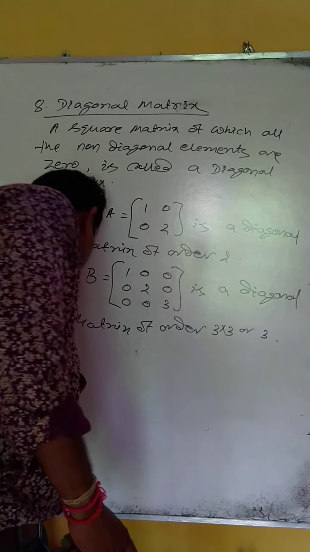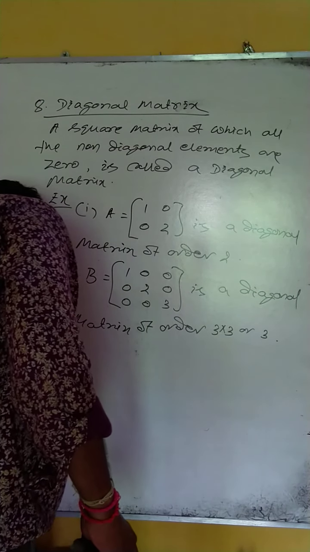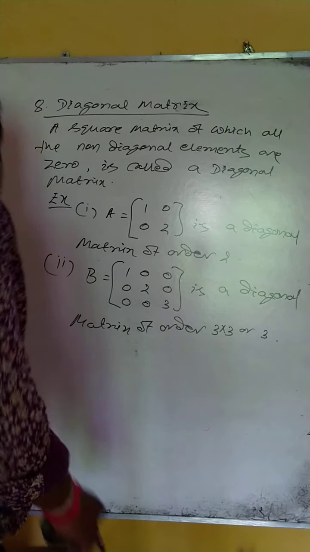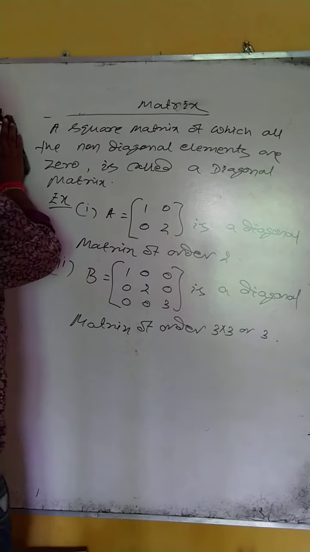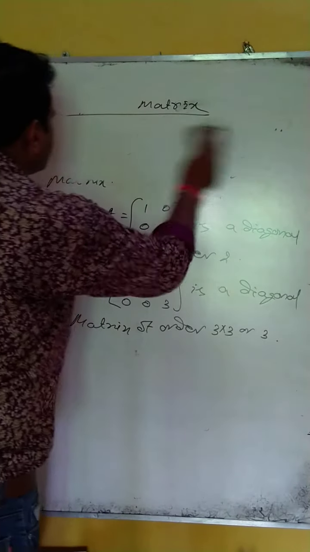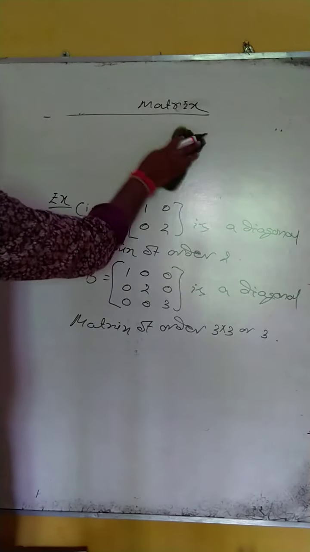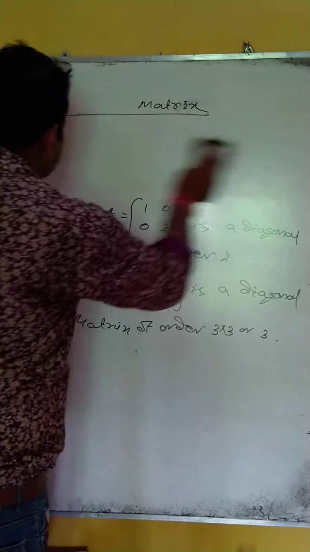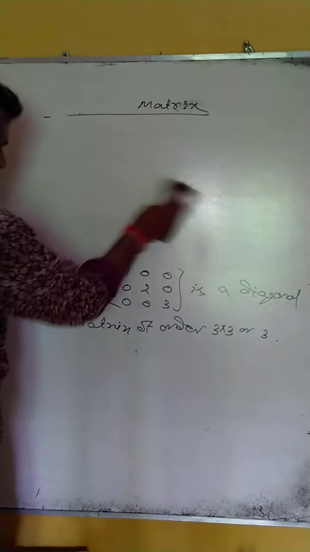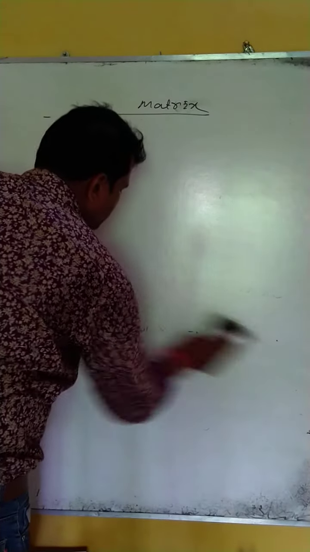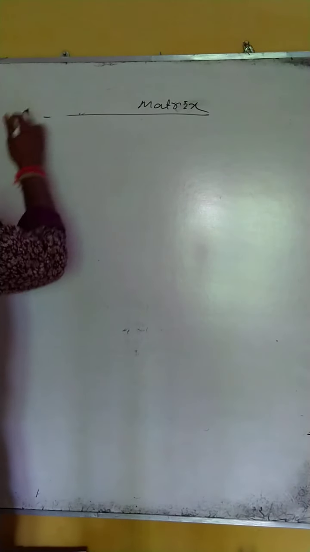Next we discuss the scalar matrix. If in a diagonal matrix all the diagonal elements are equal, then it is called a scalar matrix.